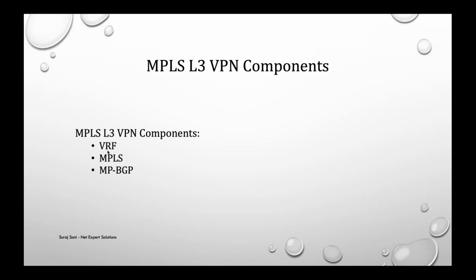Earlier there was one routing table, so when we get the same IP subnet, both will clash in the routing table.